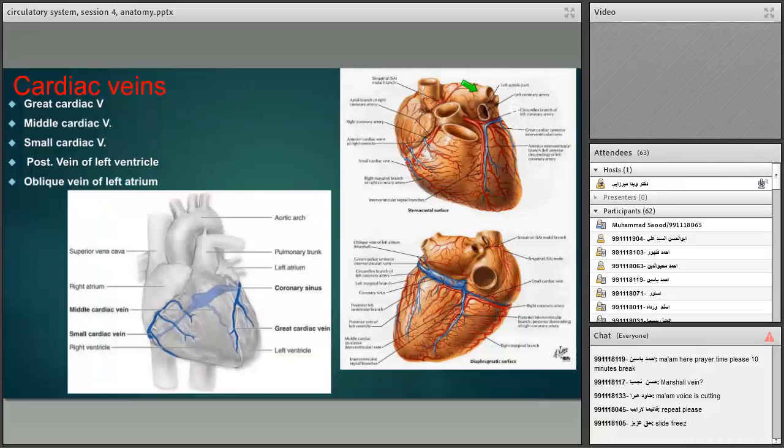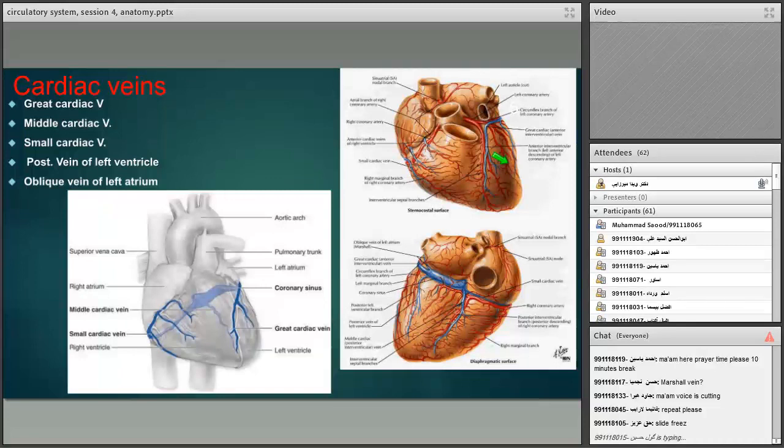These vessels are draining the blood from the wall of each chamber into that chamber itself, not into the right atrium. These are some small veins in each chamber.